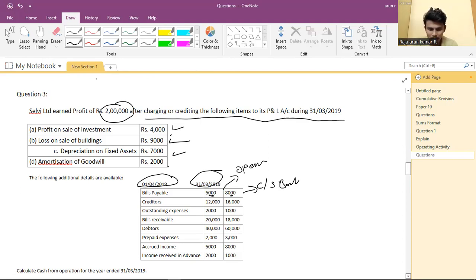Bills payable in the opening is given as 5,000, and it increases in the closing, given as 8,000. 3,000 is the increase. Like that I do in the above section.